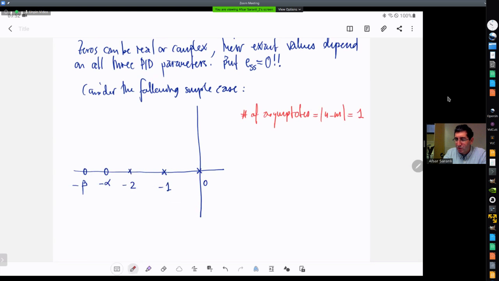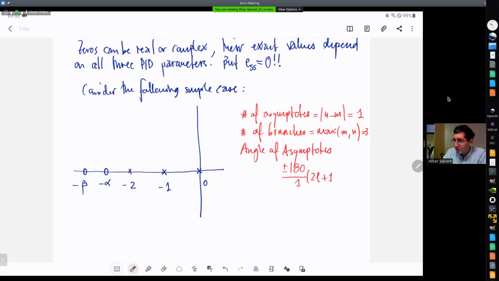The number of branches, clearly 3, is equal to the maximum of m and n, and that is 3. And the angle of asymptotes is plus minus 180 degrees divided by the number of asymptotes, which is 1, times 2L plus 1, so that gives us plus minus 180 degrees.